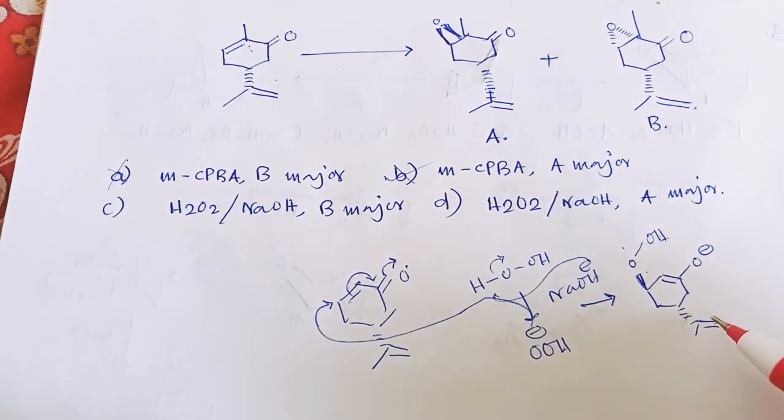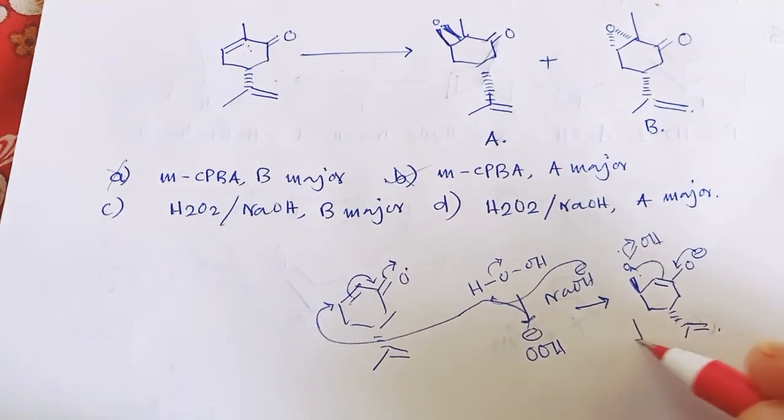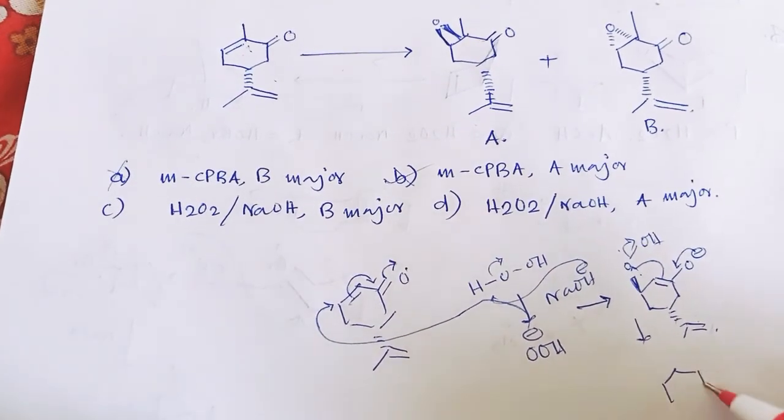So to avoid the interaction, it will be at the above position, and this comes back and attacks here, and this will be liberated. So the product will be like this.